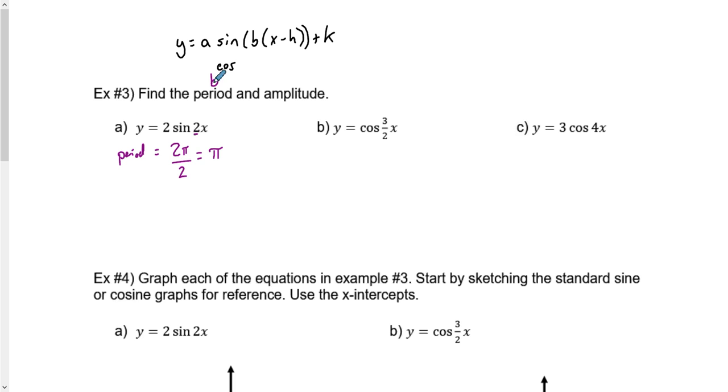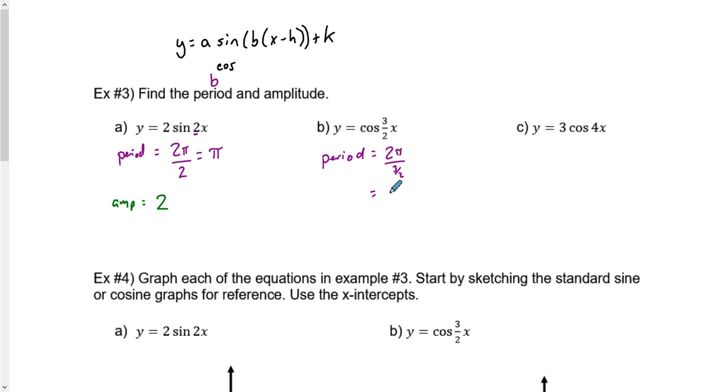The amplitude is affected by the a value. So the a value is just going to become 2. And that's, again, measuring from the center to the top or from the center to the bottom. Our period in this one is going to be 2 pi divided by 3 over 2.